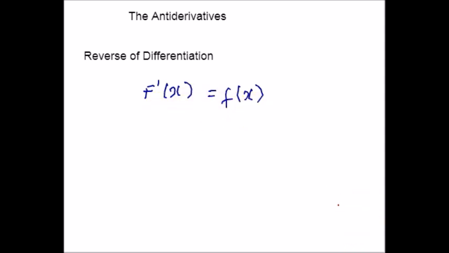Consider a function f of x which is equal to 2x. With this example, we can understand the basics. Knowing the power rule of differentiation, we conclude that F of x equals x square is an antiderivative of f, since F dash of x is equal to 2x. Are there any other antiderivatives of f?